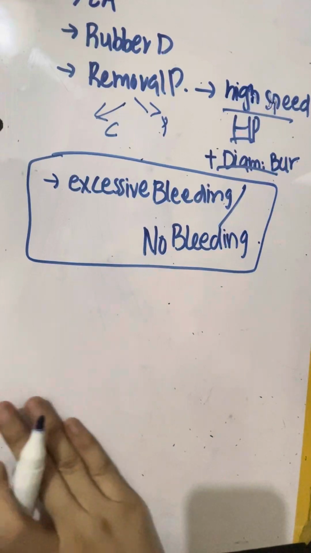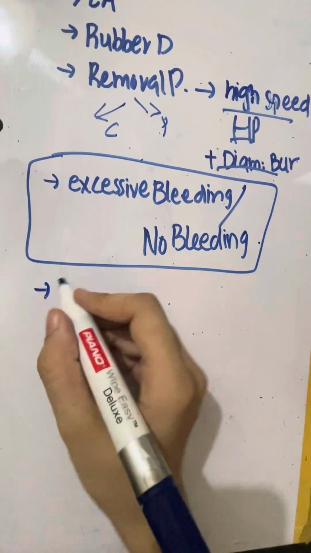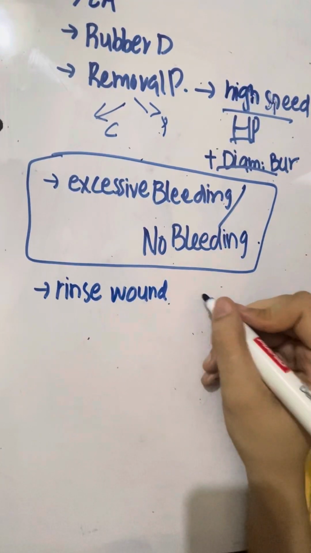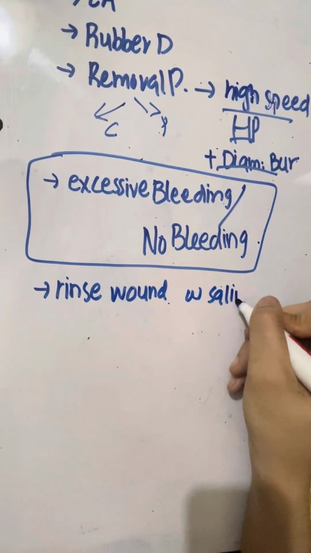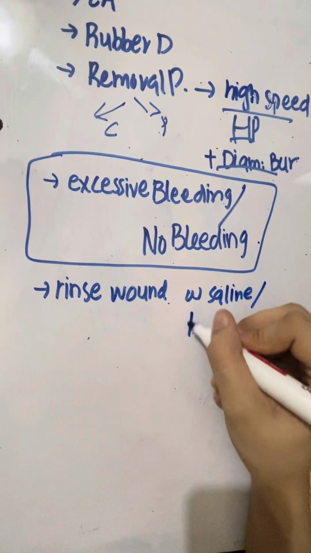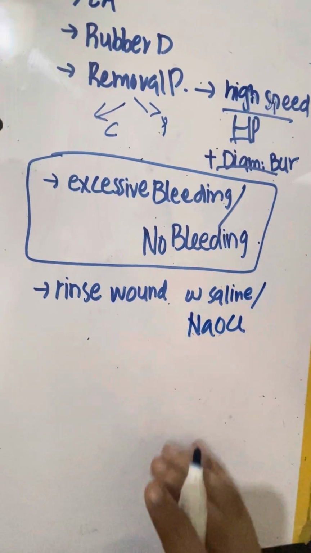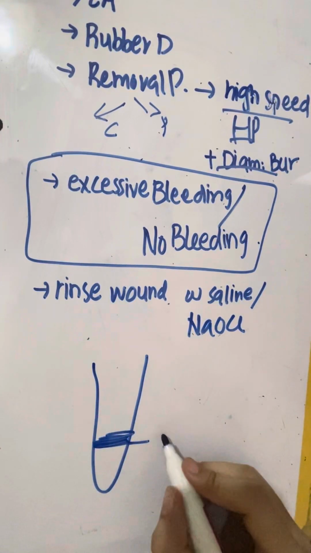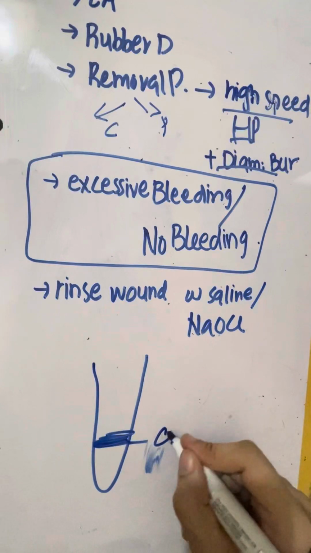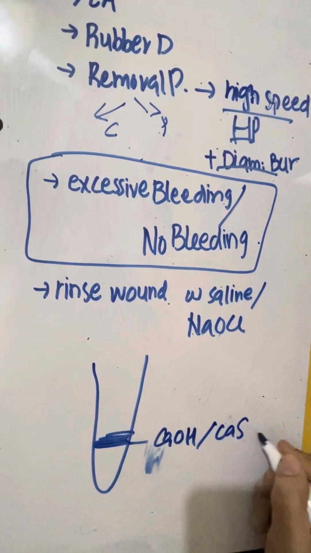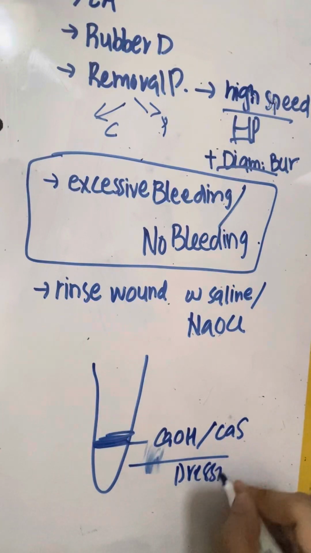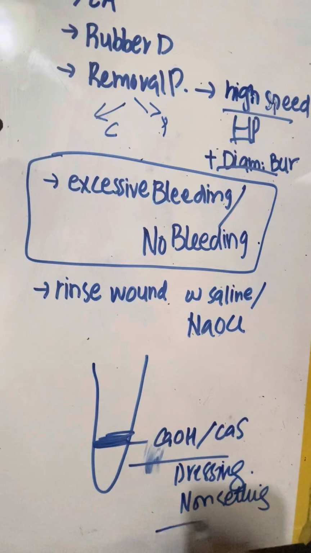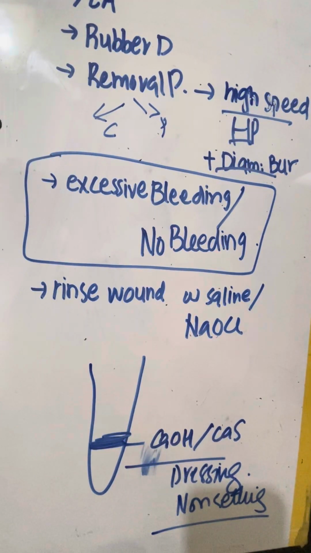What we will do now? We will rinse the wound with saline or sodium hypochlorite. Then we will go for non-setting calcium hydroxide or calcium silicate dressing.